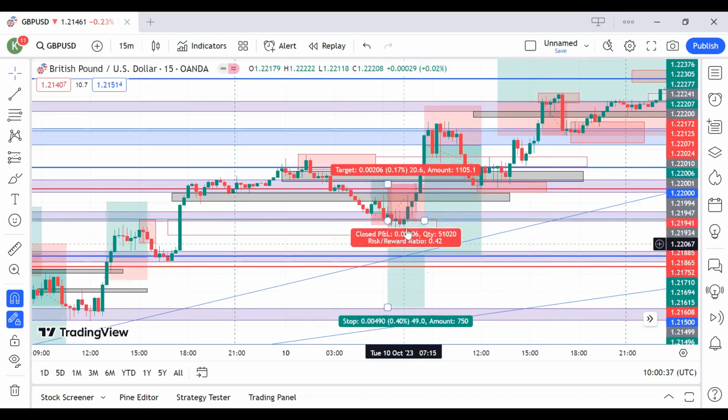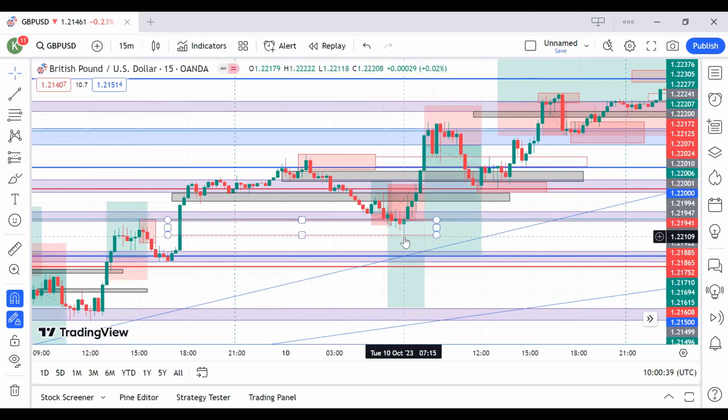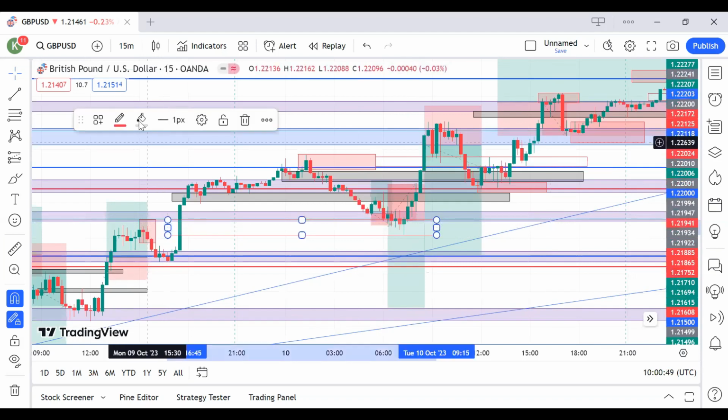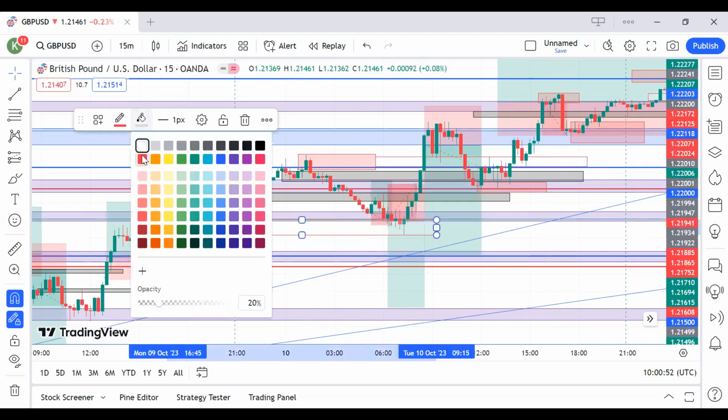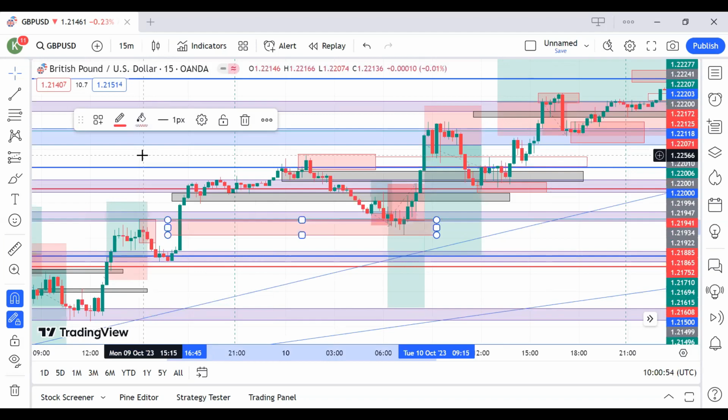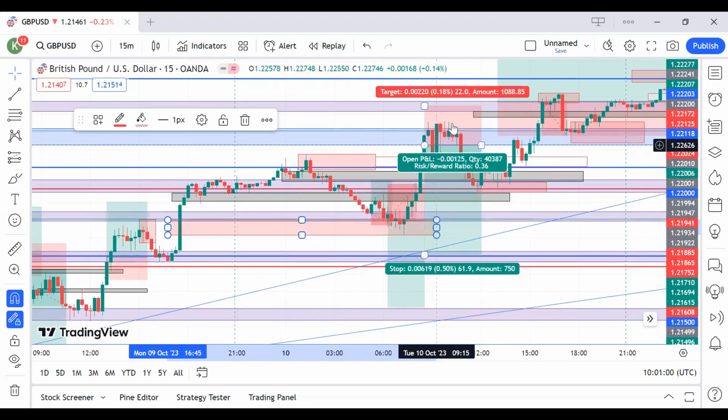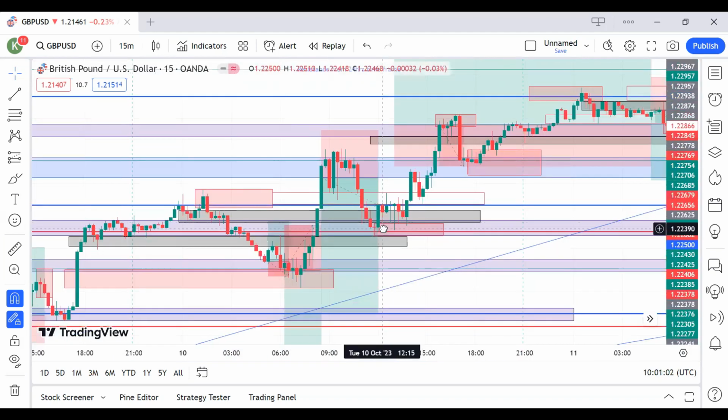So that was why this move did not go very far. It stopped here. It stopped here. So this was supposed to be a break of structure because I already identified it as a break of structure. But no, it was a continued OB. Sorry, it was a continued OB, that's order block. So there was another order block here that gave this move because of the reversal.